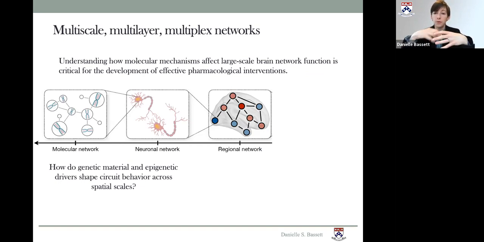So in order for a clinician to prescribe a drug to a patient to help with increasing mental health or to address mental illness, there needs to be an understanding of how that drug acts on the brain at the molecular scale, and then also how those molecular interactions agglomerate and impact large-scale brain function at the regional level.